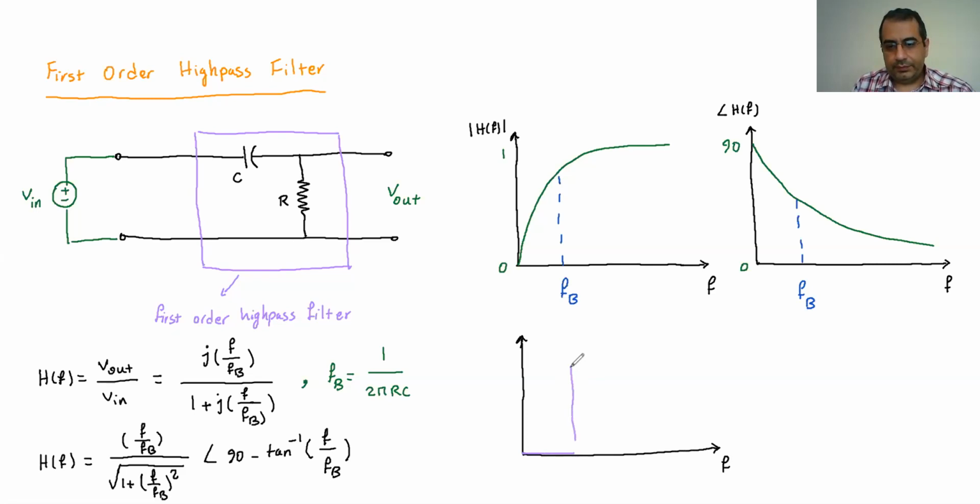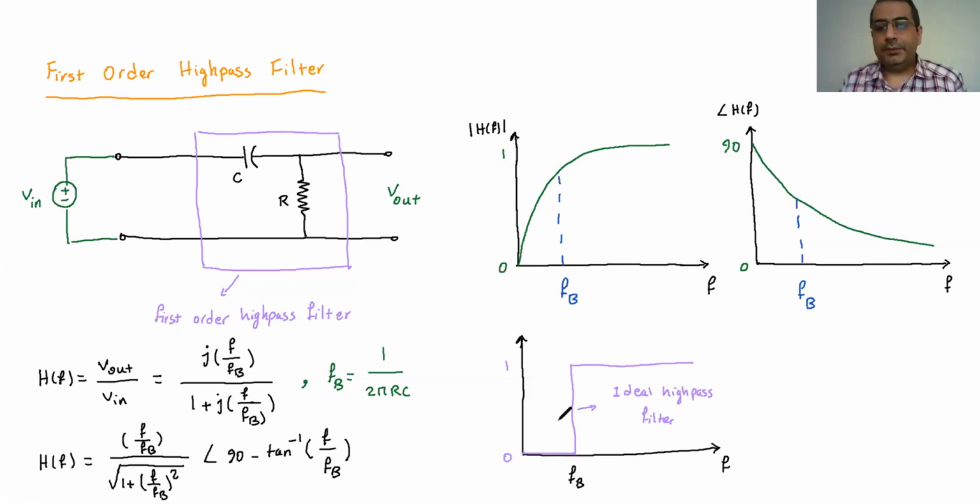So it goes up here, and then this stays 1. So it's going to be 1 here, it's going to be 0 here. And this is the ideal high pass filter. And this is going to be the FB.